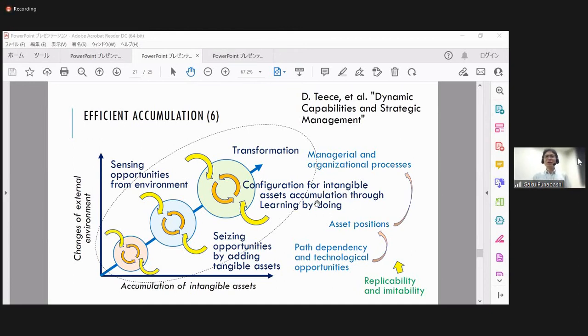So again, for continuous improvement of the staff capacity, capability, 3 things are necessary for the organization. Understand external environment. Invest in tangible assets. Also, through the operation, accumulate the intangible assets.